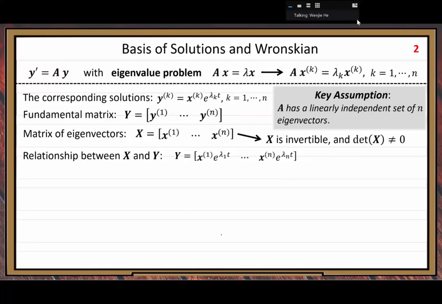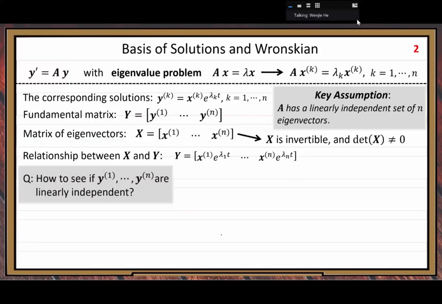So Y equals this form, by substitution, but we want to write it using matrix multiplication. Here is another way to see why these solution vectors are linearly independent.